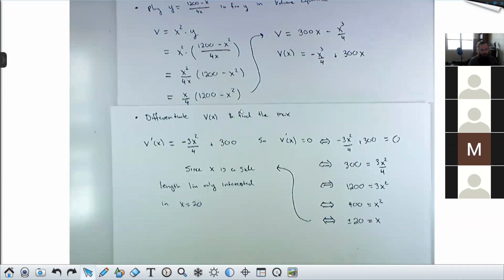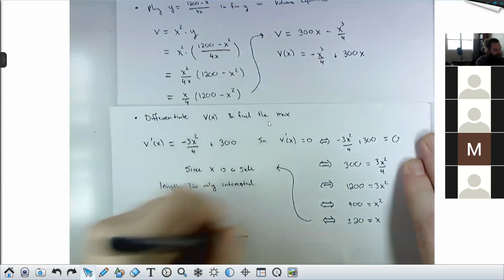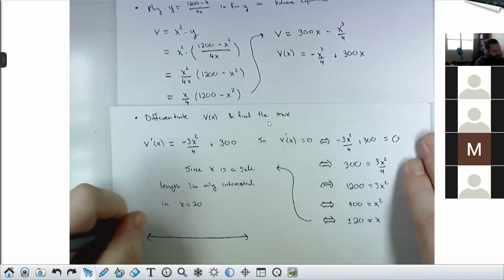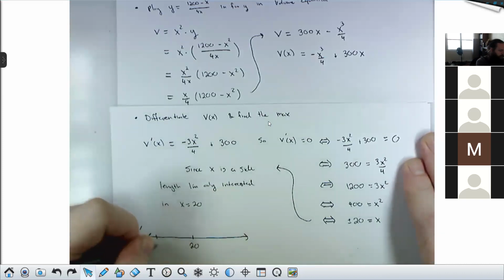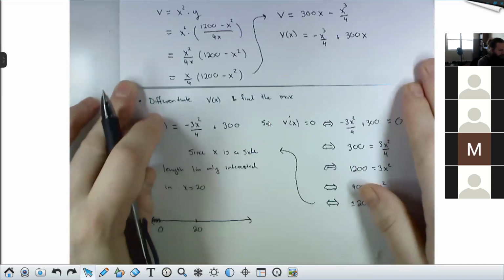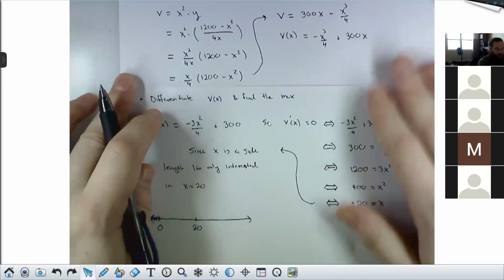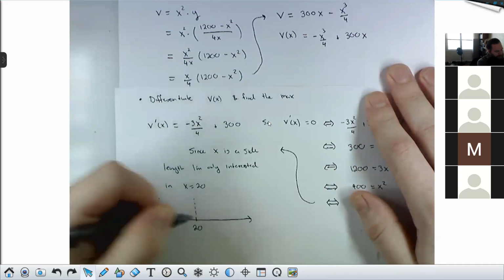And in order to verify that this is really an absolute max, I need to make the number line for v prime. So I'll put my critical number on here. I'm going to mark 0 over here just because I know I'm not interested in anything to the left of 0. So I've got the following regions.